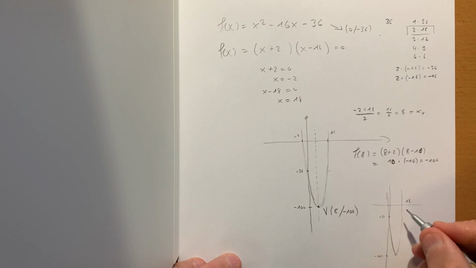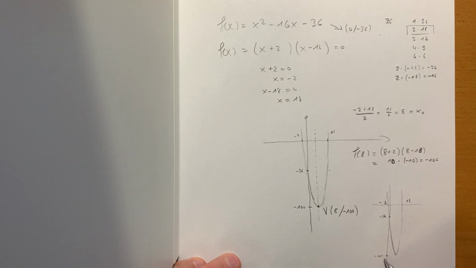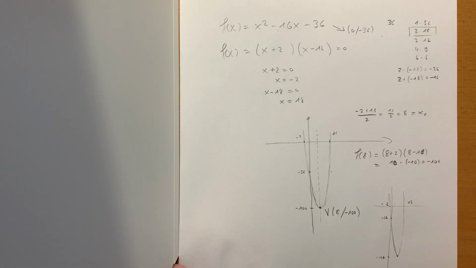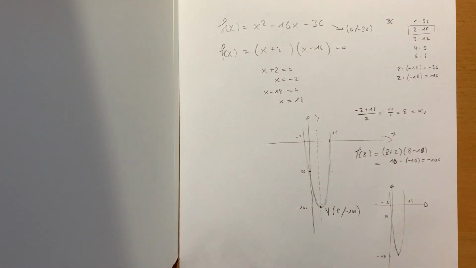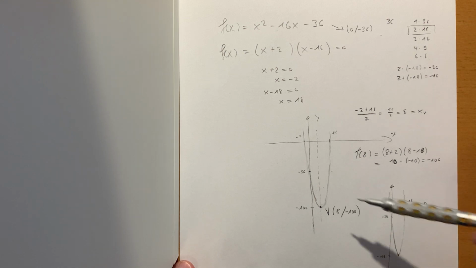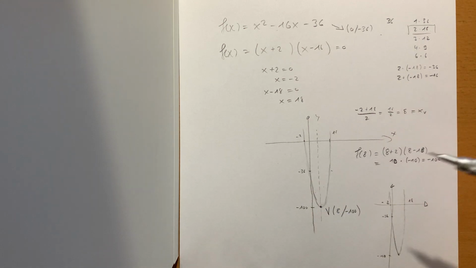So this would be your 18, this would be your minus 2, this is your minus 36, and this is your minus 100. It's a bit more elongated, but it doesn't matter, it's good enough for the moment, because it said just draw a qualitative sketch. Obviously, it's not that nice if it's almost 3 times lower down, and here it's clearly maybe at 1/2. But it still gives us an idea about the graph.